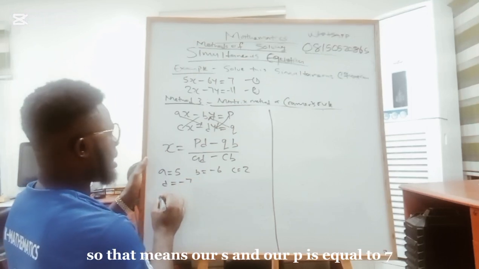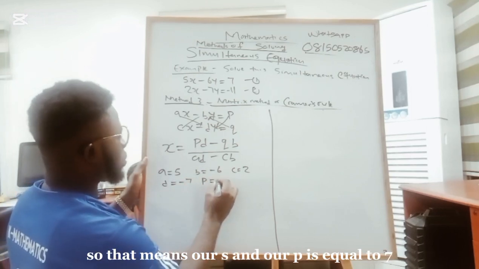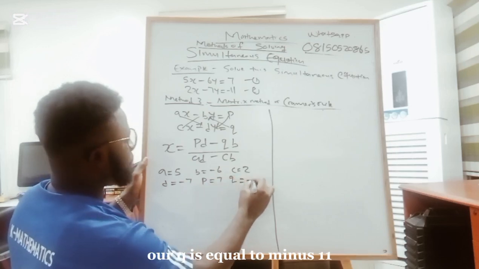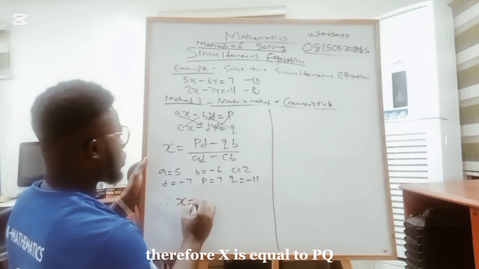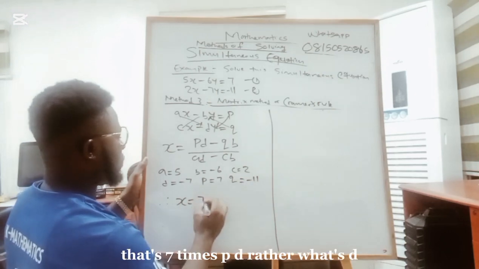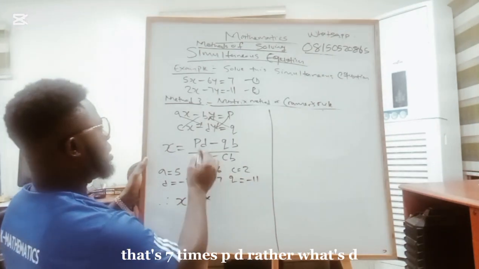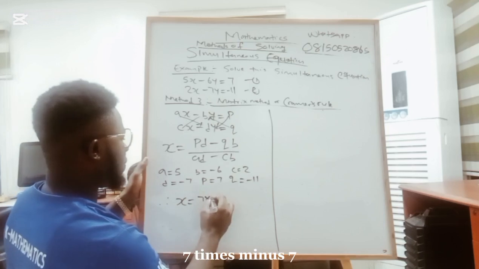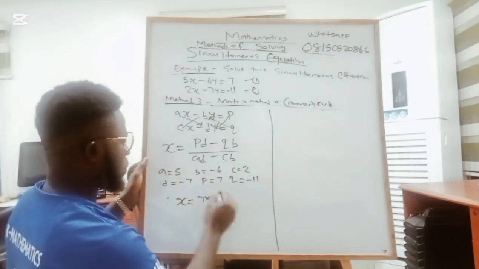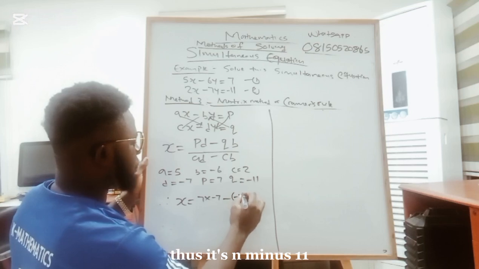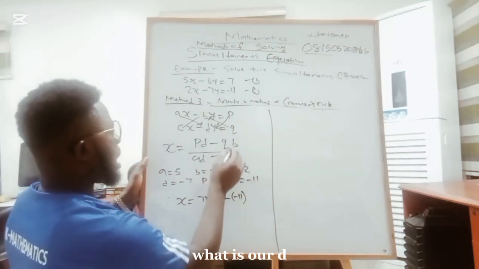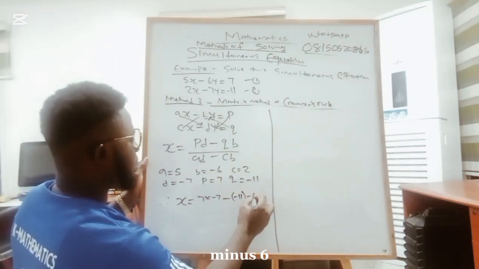So our p is equal to 7, and our q is equal to minus 11. Therefore, x is equal to pd, that's 7 times minus 7, and minus qb, that's into bracket minus 11, times b, which is minus 6.